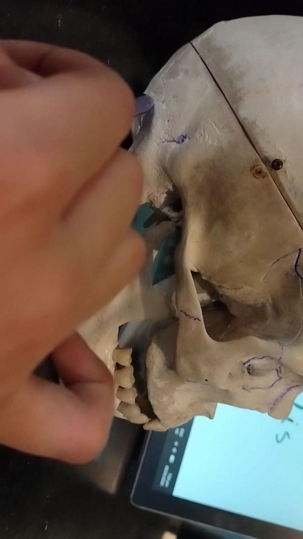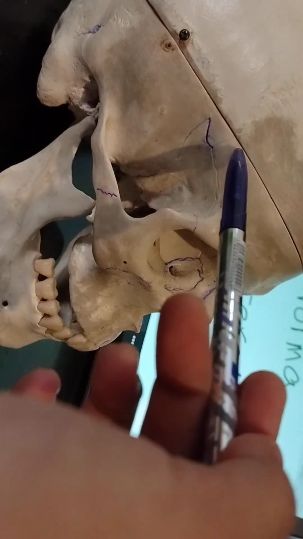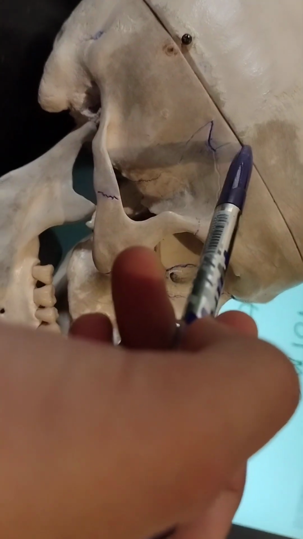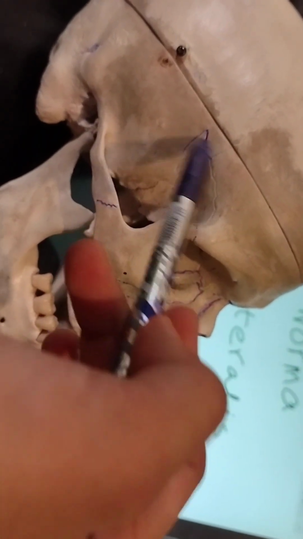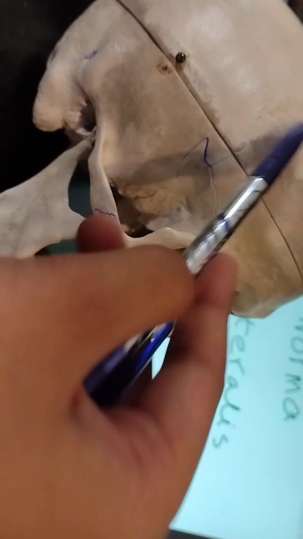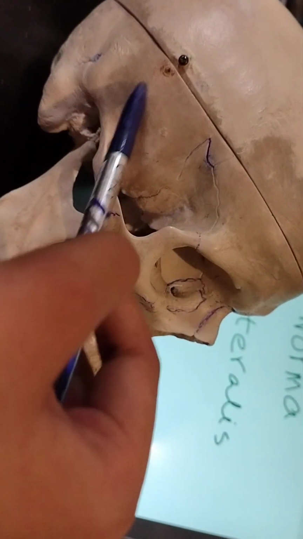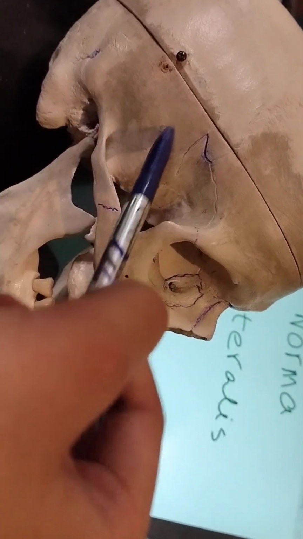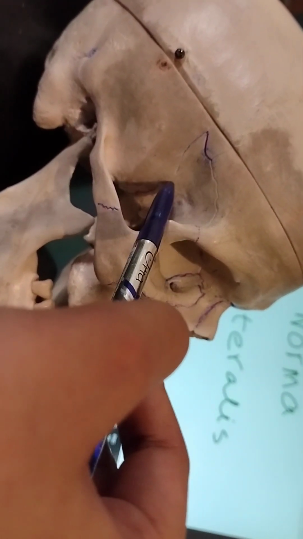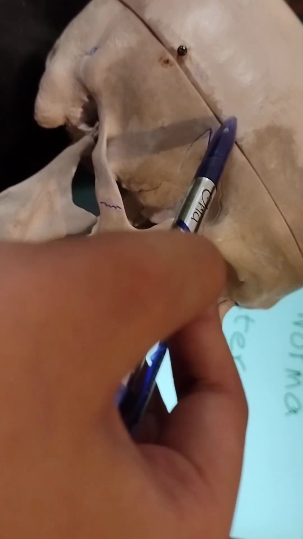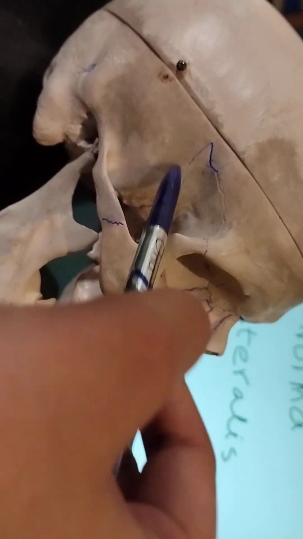The asterion over here. We can also see the pterion, which is basically an H-shaped junction of the frontal bone, the parietal bone, the squamous part of the temporal bone, and the greater wing of sphenoid. These four bones join to form the pterion.